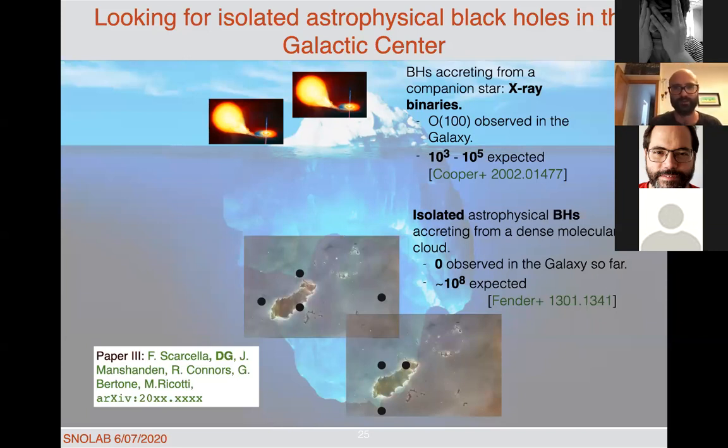This is very interesting because in the galaxy you expect to have a population of order 10 to the 8 astrophysical black holes, as that should be like the stellar graveyard of our galaxy. Only a small portion of them is visible, only if they are part of a system called X-ray binary. So the vast majority of them are unobservable at the moment.